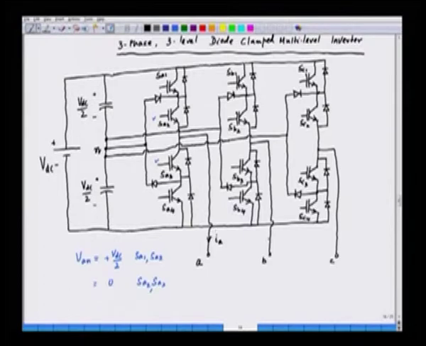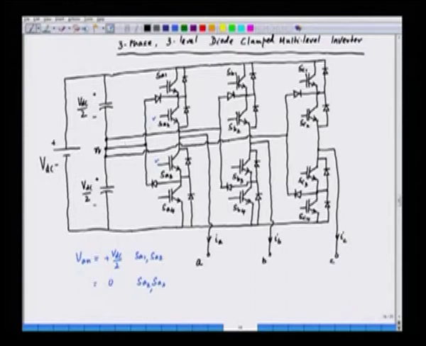Similarly, for phase B, we can say this is IB, the direction of the positive current, and for phase C we have IC, the direction of the positive current coming out of this inverter. So, if we turn on SA2 and SA3, this point A is clamped to the neutral point, and the neutral point is having 0 voltage.